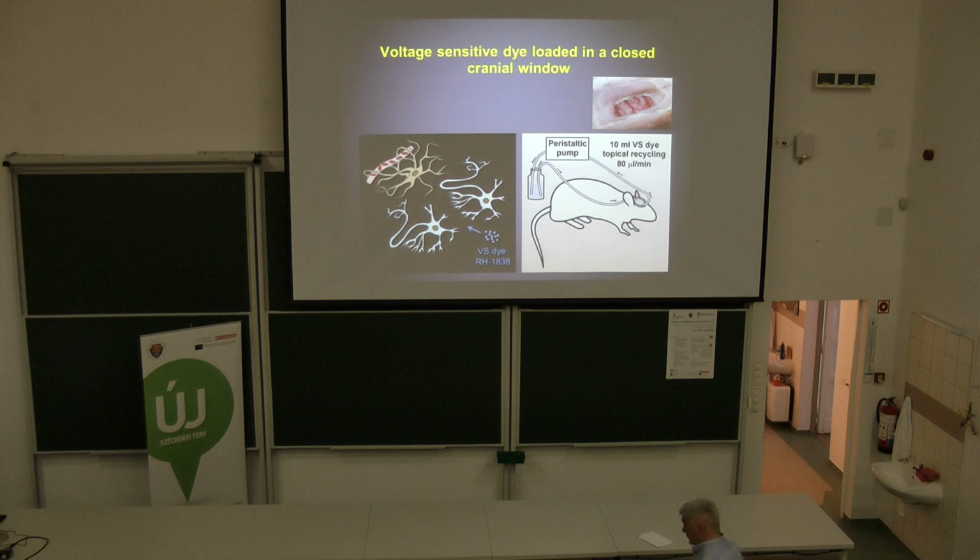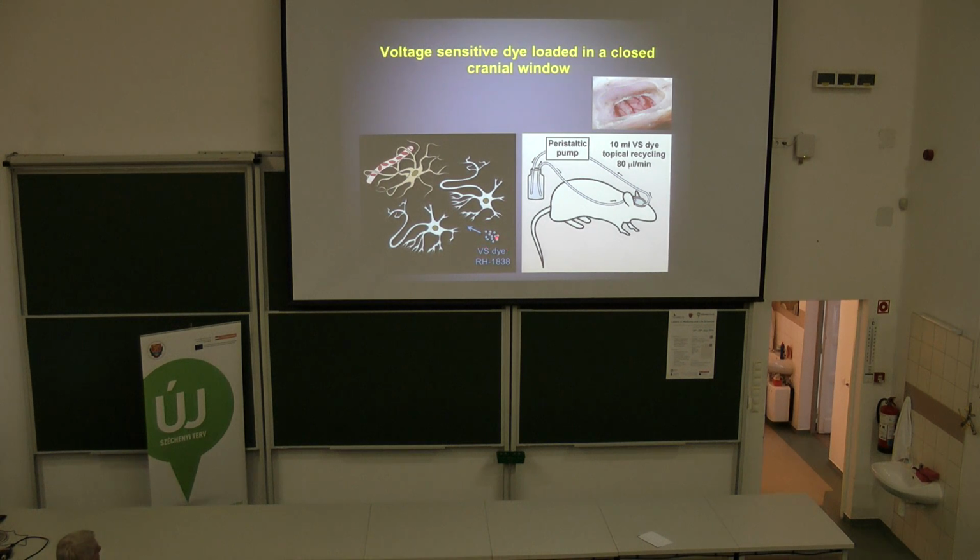So also with the help of international collaborators, Esther and her mentor were able to develop a nice method to convert the electrical signal to light signal using voltage sensitive dye.